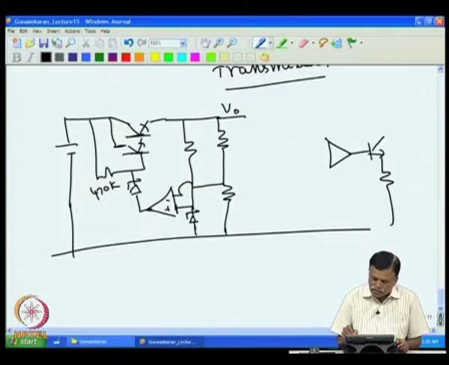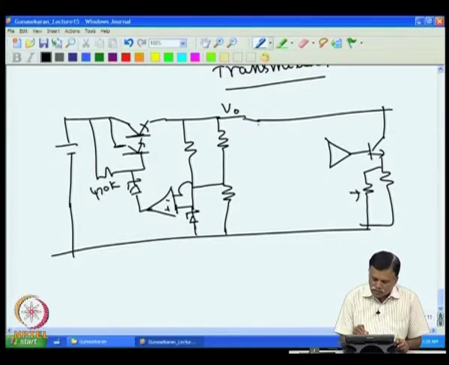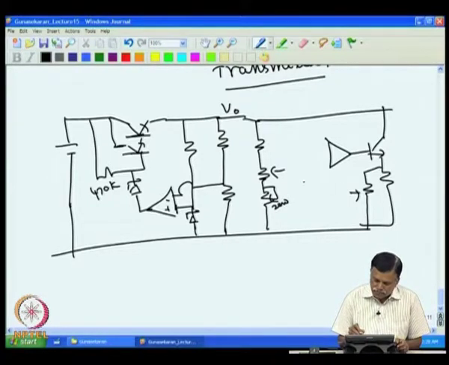We had this, and this is connected to this, that is the 0 part, then we had this, that when voltage increases they have to increase.